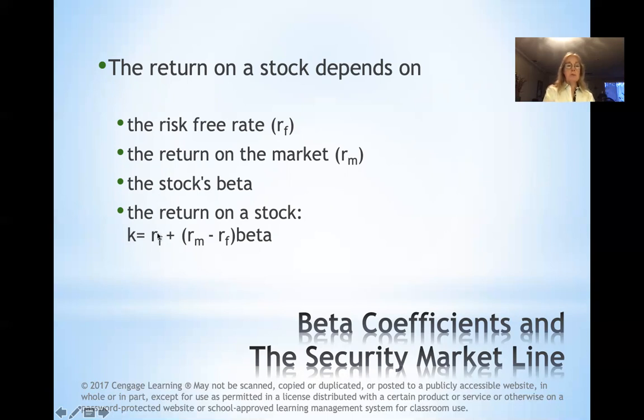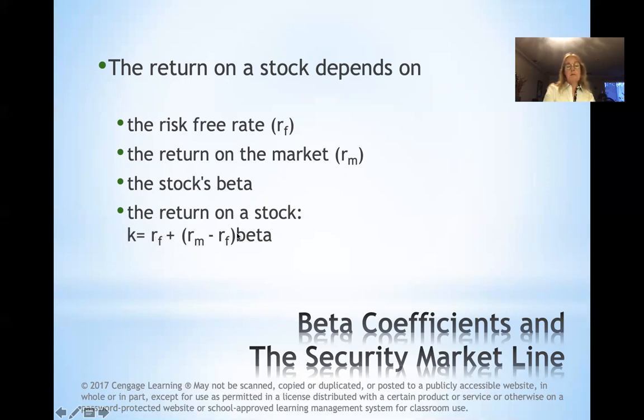So let's say that's 3%. Plus the return in the market, let's say that you think the return on the market's going to be 8%. So it's the return in the market minus the risk-free rate times the beta of your stock plus the risk-free rate. That's your required return.